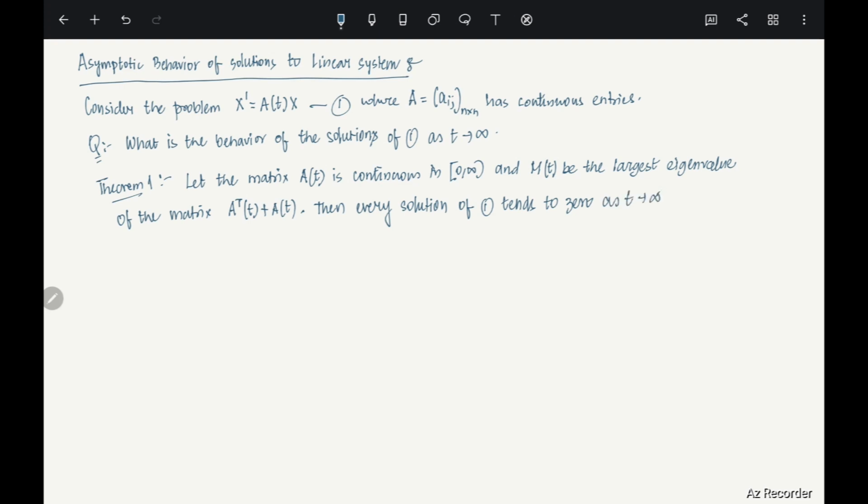So basically every solution, what I am saying is this: they are not only bounded, they tend to 0 as t tends to infinity, provided, what is the relation? Provided the integral of m(t) from 0 to infinity, this doesn't have to be 0, it can be from any t naught, doesn't matter. So basically what it is saying is the tail part should be minus infinity, okay, the integrability.